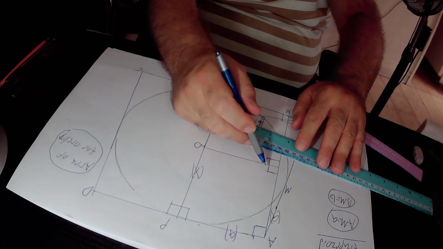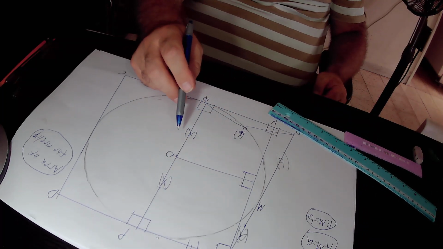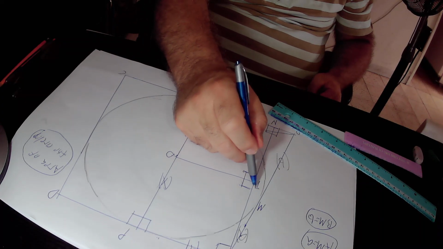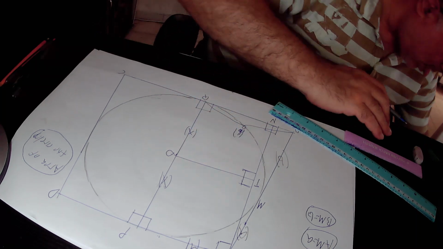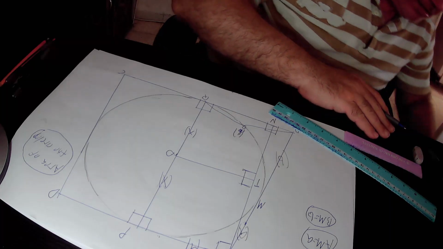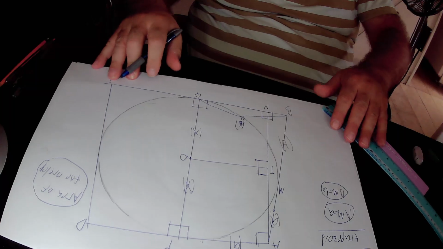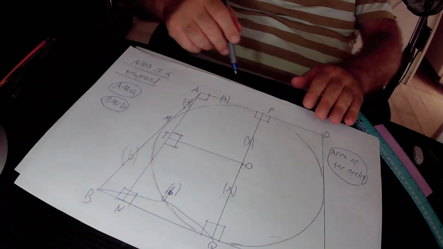We will define the touching point of the perpendicular from point O and AN. This point is point T. By doing this construction, we created the small quadrilateral APON.